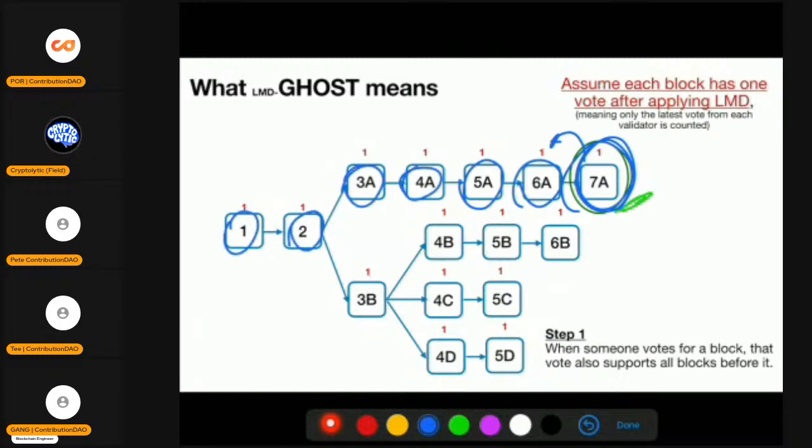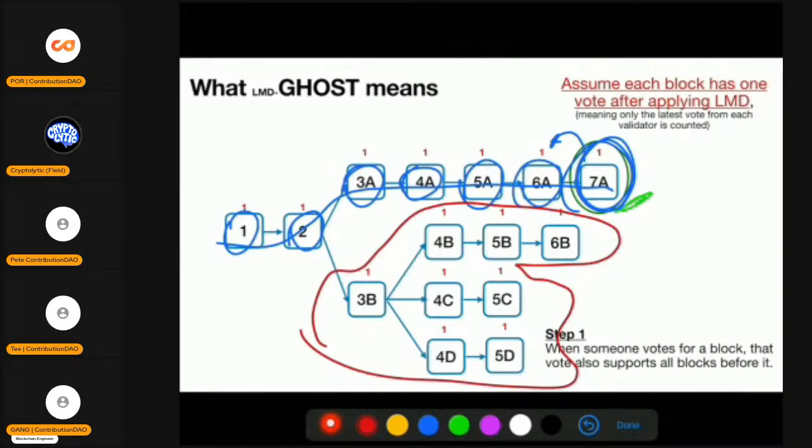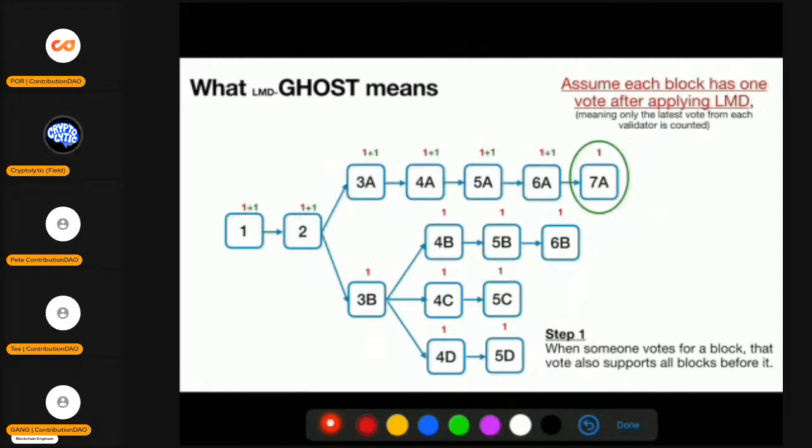It affects all of the blocks before it, but it does not affect this branch, because this branch is built in parallel with 7A, and 7A is not connected with this guy at all. So you're going to get +1 here on all of these, and if you consider 4C here, voting for this block also affects this one and this one, and that's all.